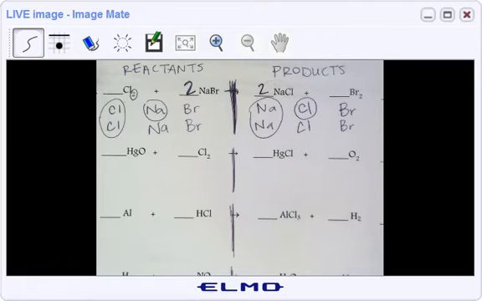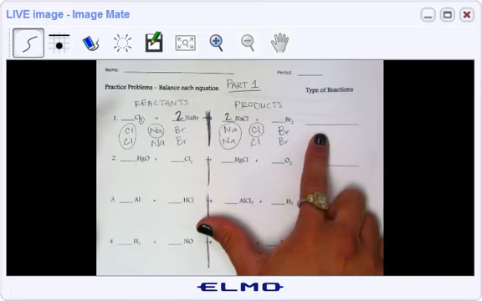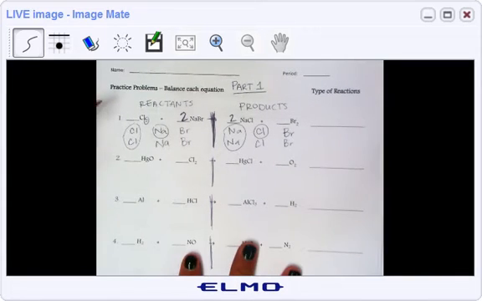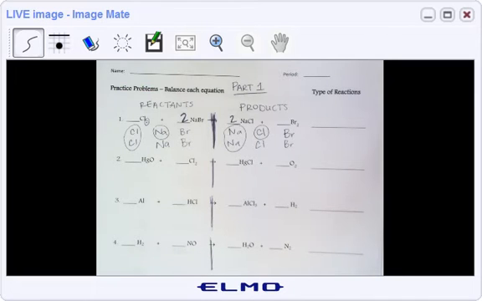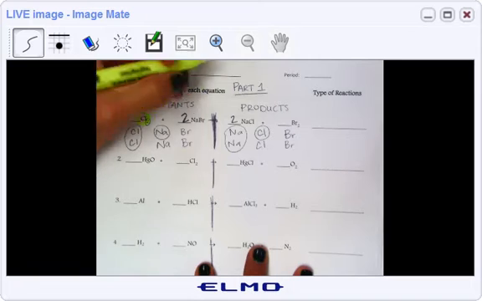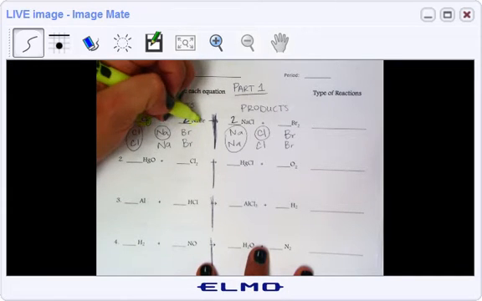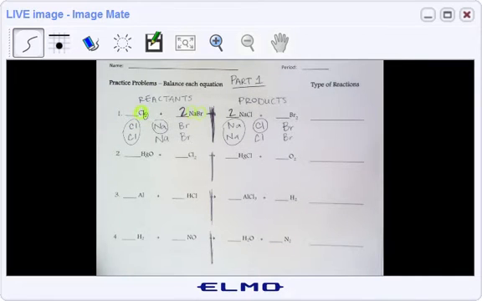That's the balancing portion. And on the right of the problem, it says type of reaction. So what kind of reaction was this to begin with? From the booklet we made, I'm counting the number of elements I have. 1, 2, 3. There's 2 different ways you can identify, or 2 clues or hints.